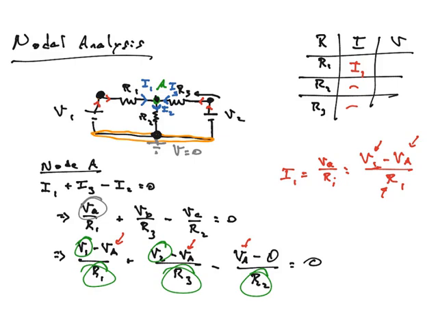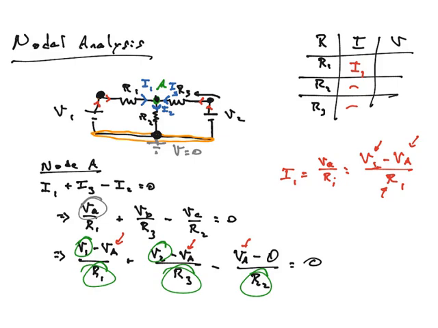Nodal analysis, I have an equation for each node. The equations are for the currents, current coming in versus going out. If I come in, I add. If I go out, I subtract. I then replace all the currents with V over R, where V is the difference between the voltage I came from and the voltage I got to. Solve this for your V, and then you can fill in the table from there.